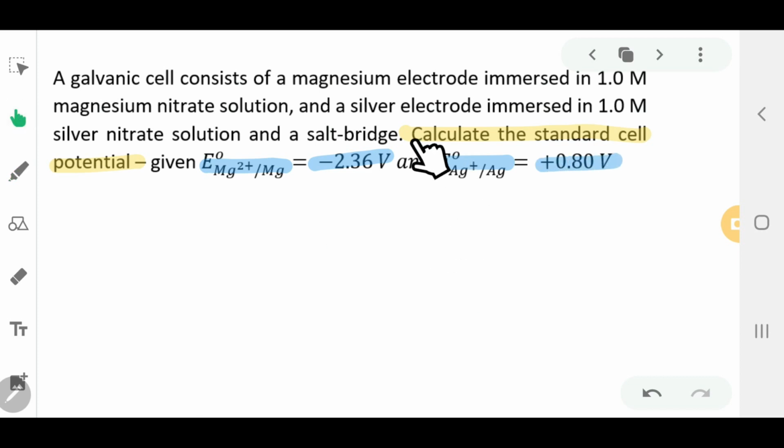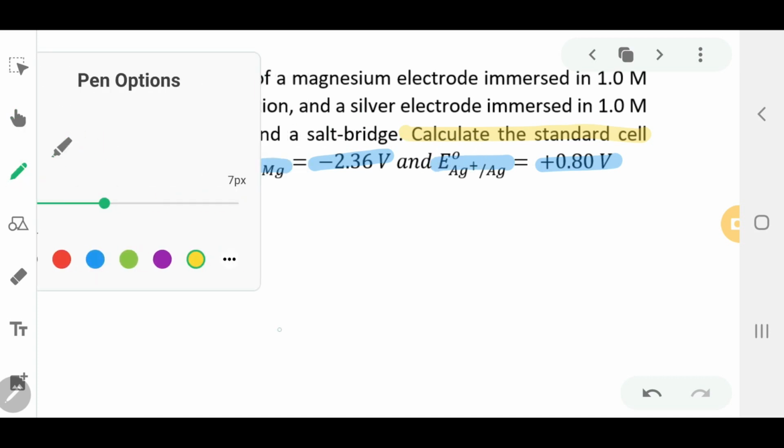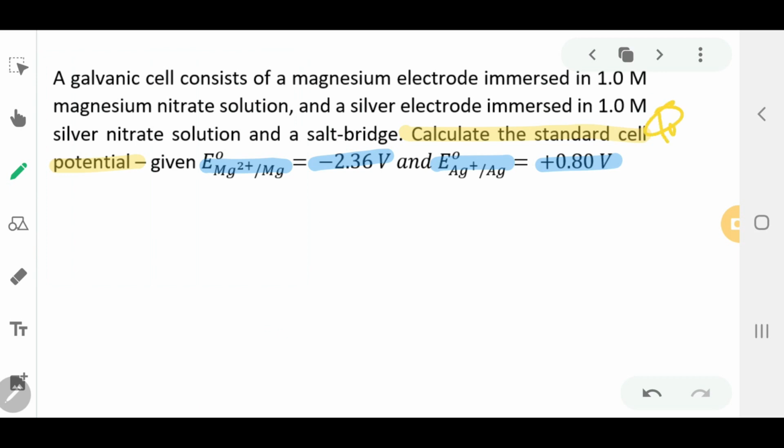The yellow bits are what the question wants. The question wants you to find the standard cell potential, and it gives you the SRP value, standard reduction potential value, for the magnesium half cell and for the silver half cell.